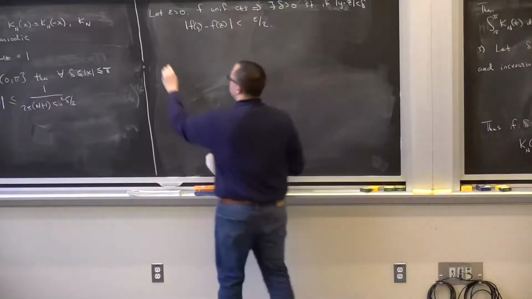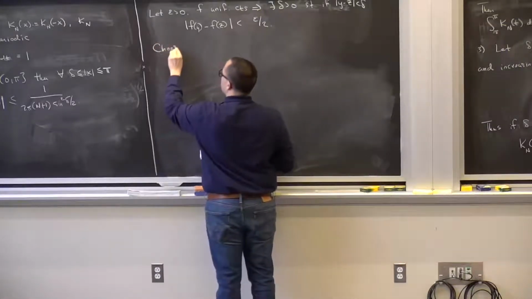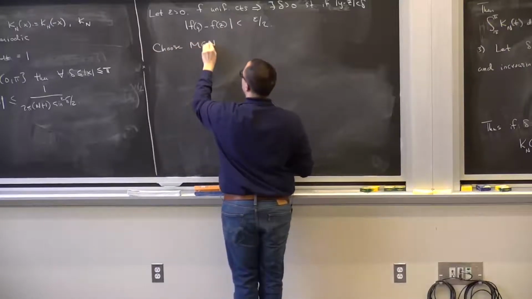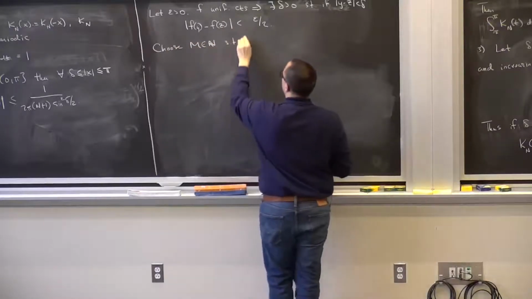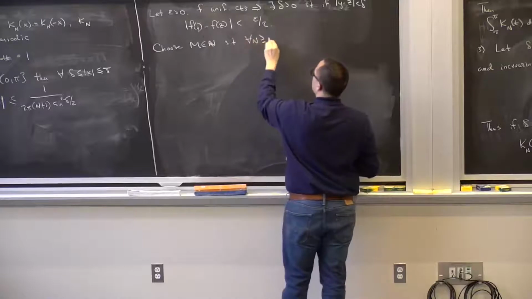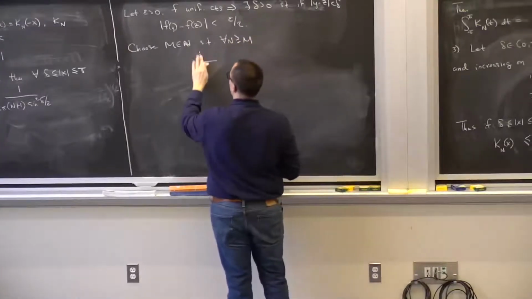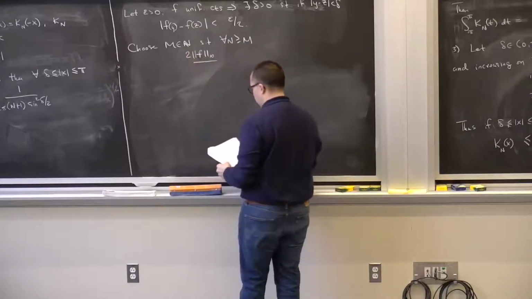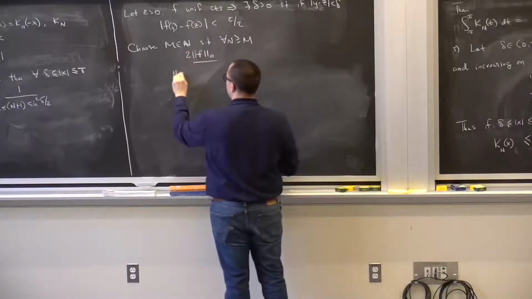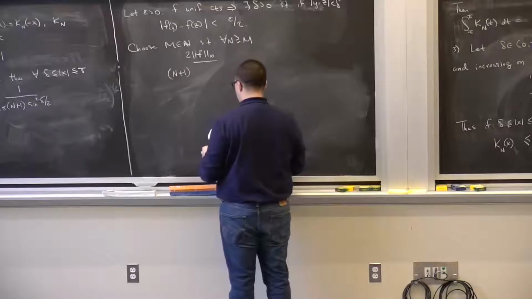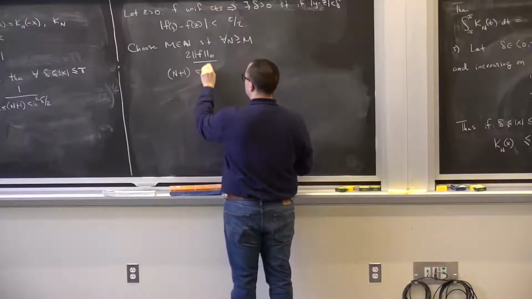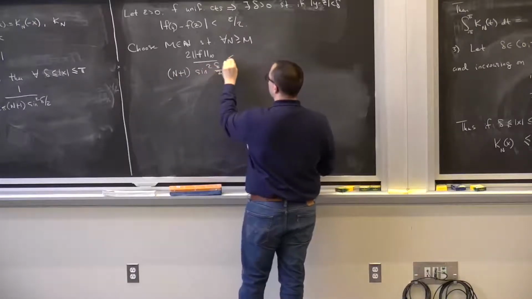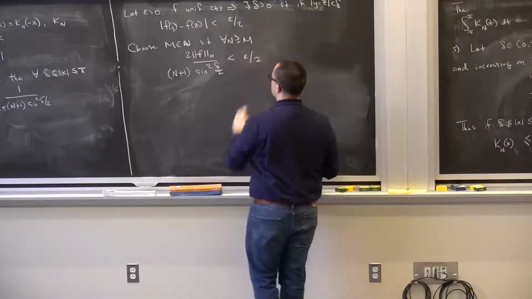Okay. Now choose m, a natural number, so that for all n bigger than or equal to m, the quantity twice the L infinity norm of f over n plus 1 times sine squared of delta over 2 is less than epsilon over 2.